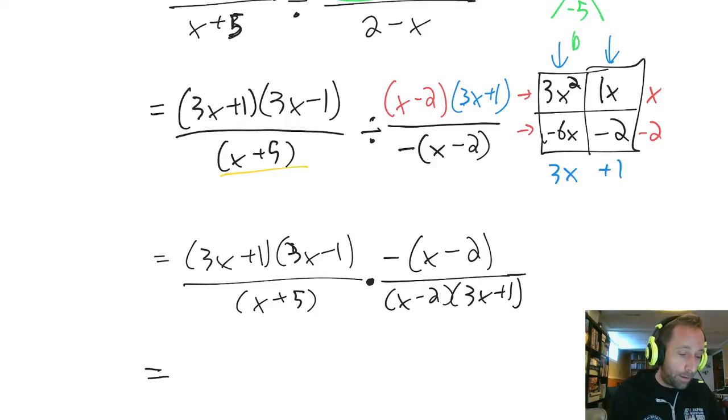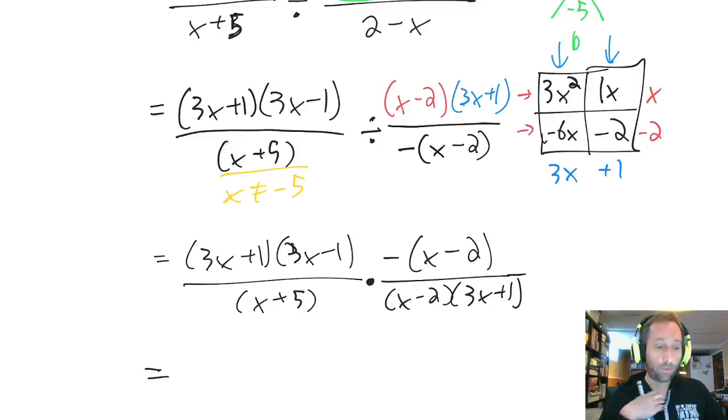I'm going to need the denominator of all of the fractions. So x plus 5 would cause that denominator to be equal to 0, so x cannot be equal to negative 5. Looking at the one on the right-hand side, x cannot be equal to 2.